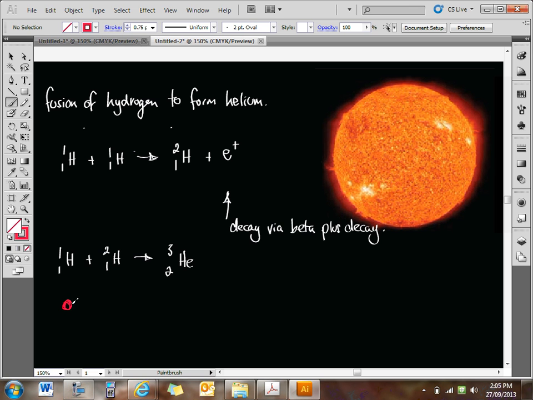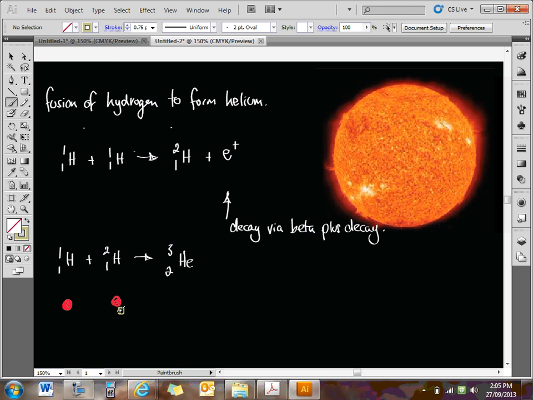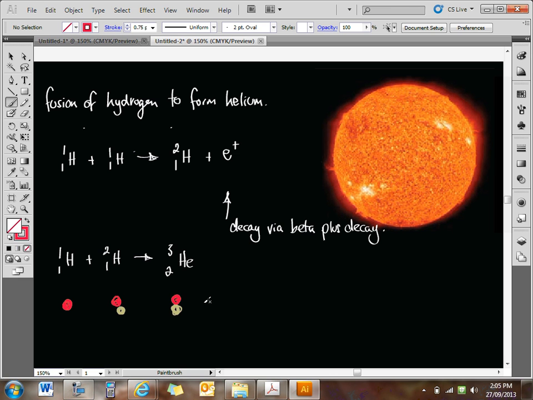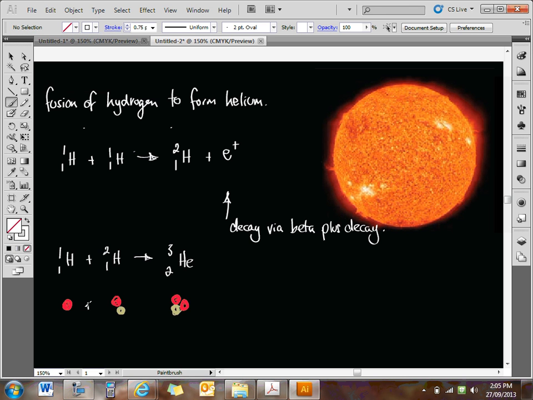We have a single proton here, and we have a proton and a neutron here. Proton and a neutron to form 2 protons and a neutron. So there's nothing wrong with that. We don't have to see any decay there. Atomic number 2, mass number 3. That's fine. There's no decays going on. Okay. That's helium-3.